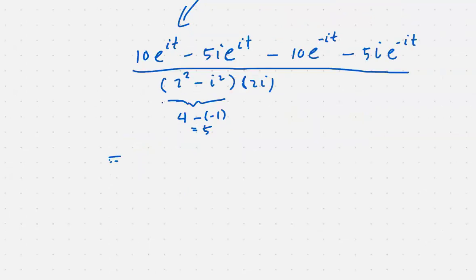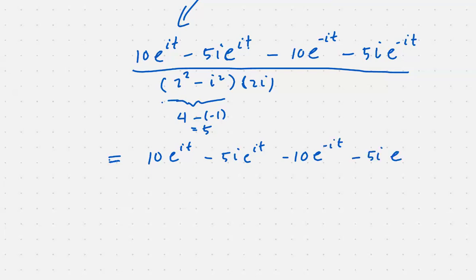So this means that this term can now be written as 10e raised to it minus 5i e raised to it minus 10 e raised to negative it minus 5i e raised to negative it over 5 times 2i. Okay?